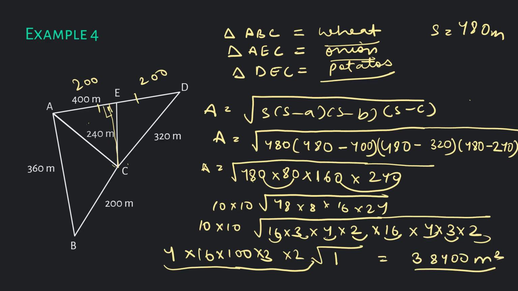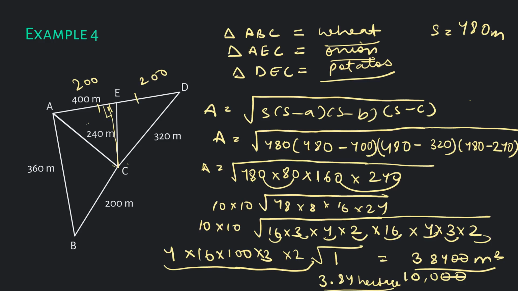Now this is in meters, we have to find out the area in hectares. So all that's left to do is to divide it by 10000, 4 zeros. So once we divide, we'll get our answer to be 3.84 hectare. So this would be the total area of this triangle.